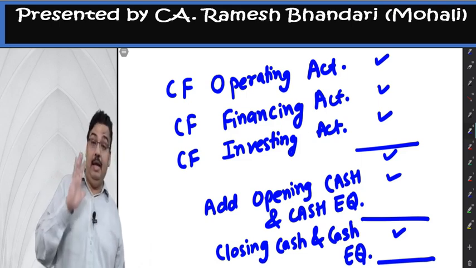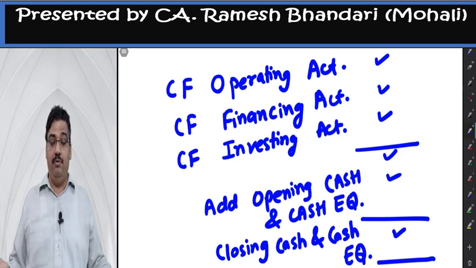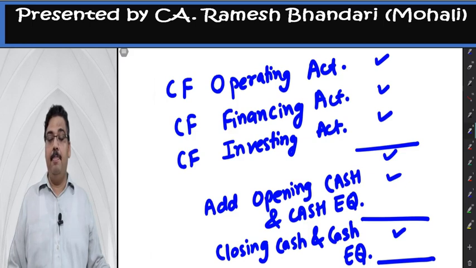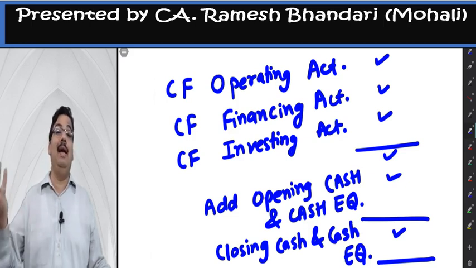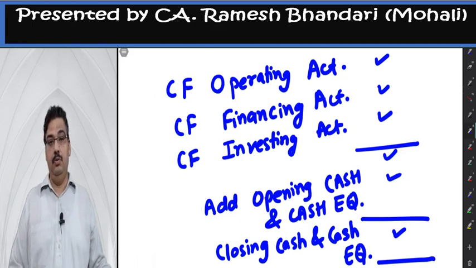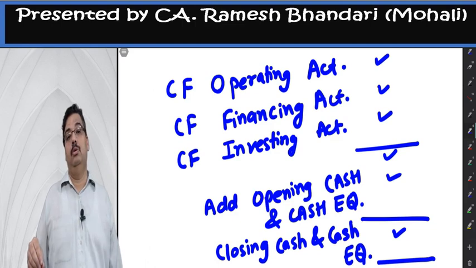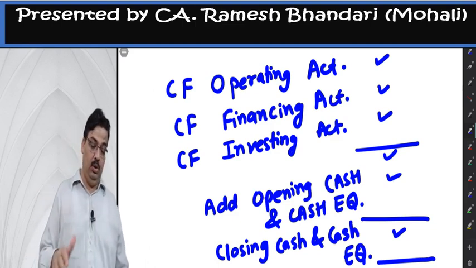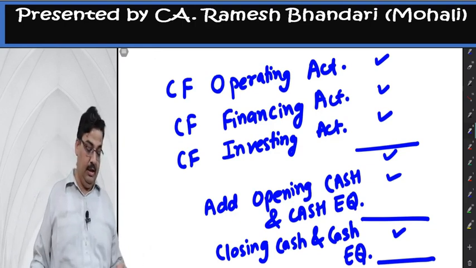And cash flow from operating activities, you can calculate using direct method from receipt and payment type of statement, or from P&L you can use indirect method. So once you do that, you are going to get all the 3 cash flows: operating activity, financing and investing. Add them, you get total. Add opening cash and cash equivalent, you will get the closing cash and cash equivalent.